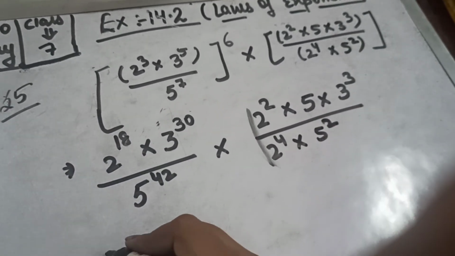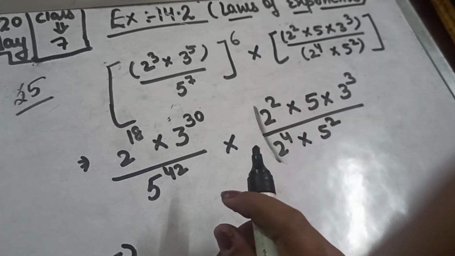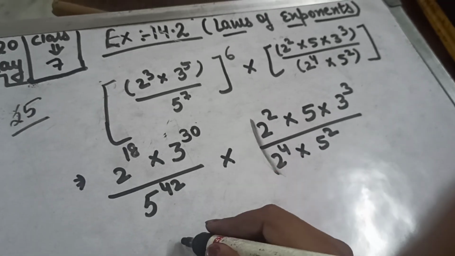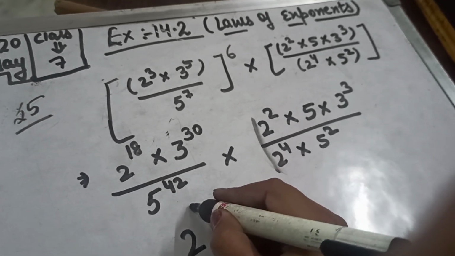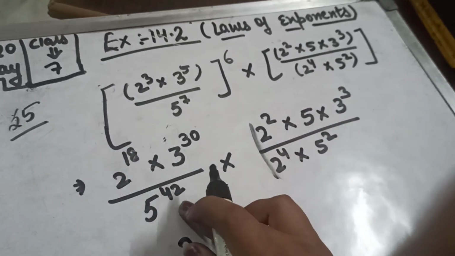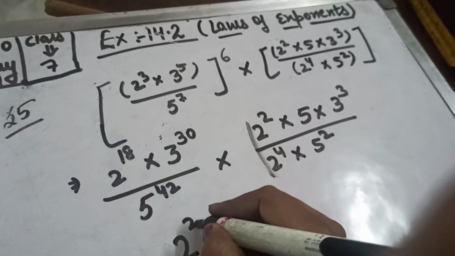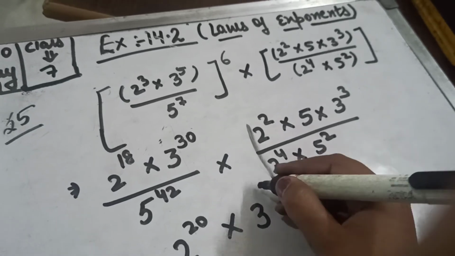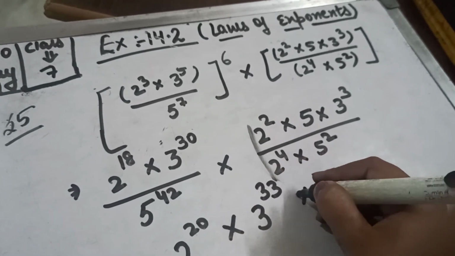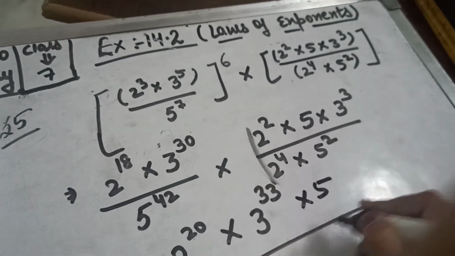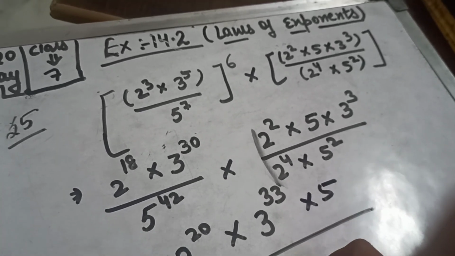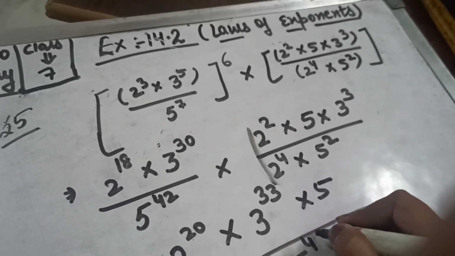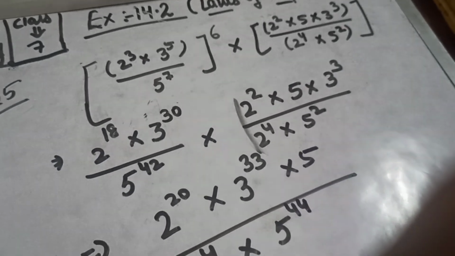We can change this one by 2 the power 18 plus 2. Base is same, so the powers will add: 20. Multiply 3 the power 30 plus 3, 33. 5 by 2 the power 4 multiply, 42 plus 2, 44. Right.